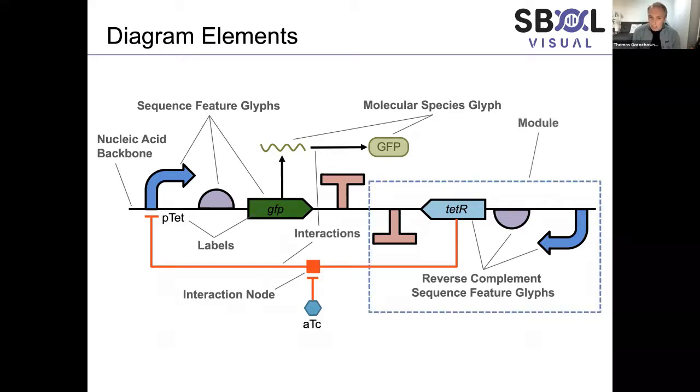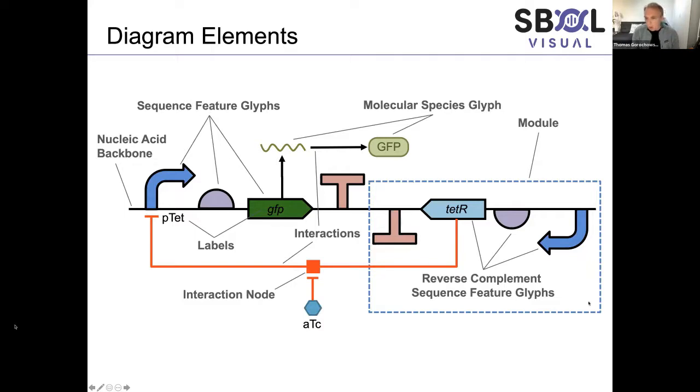Another thing that's really nice about SBOL Visual is that as these designs get bigger, they become very, very complicated, and it can be difficult to know what's doing what. So there's also the ability to add a hierarchical structure to them by encoding elements within what we would call a module.